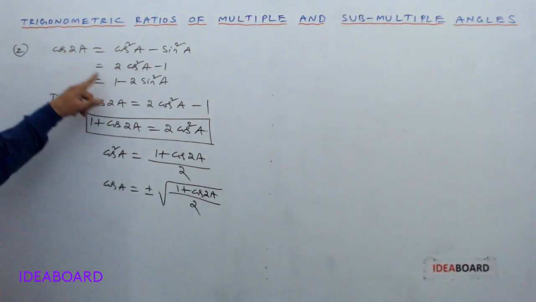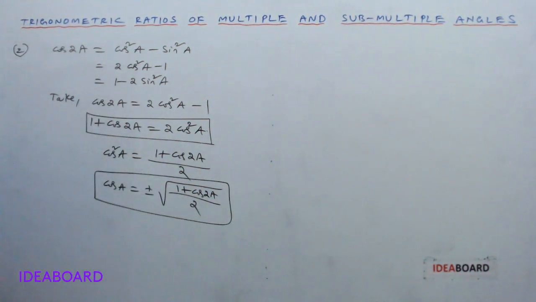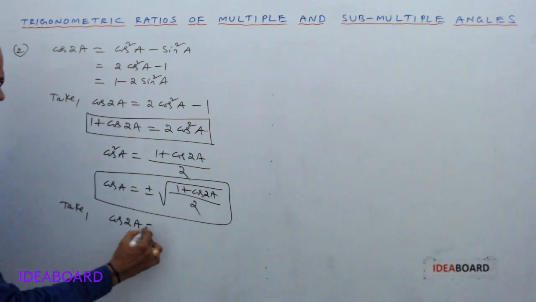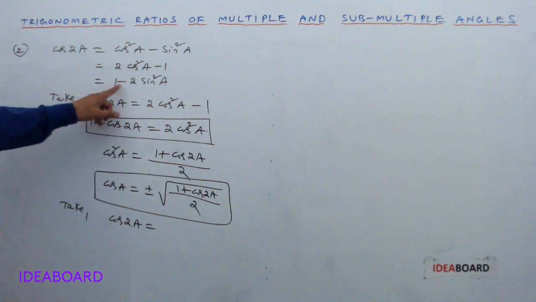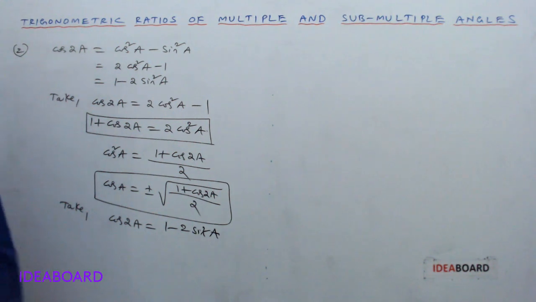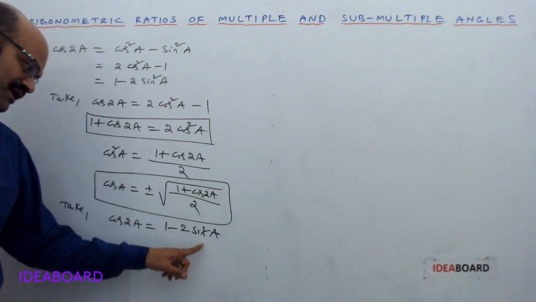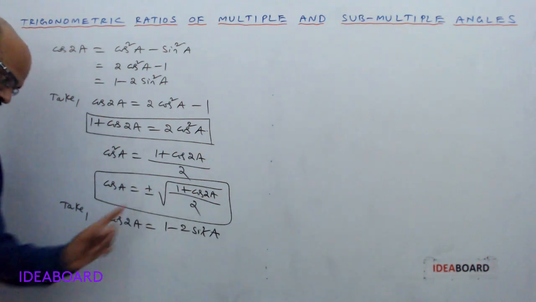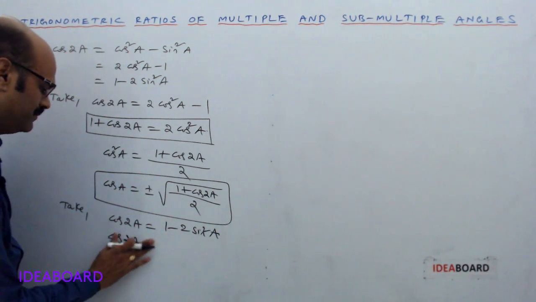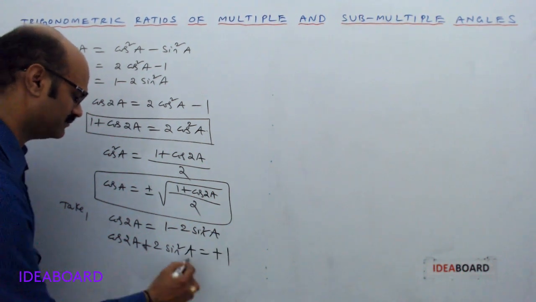One more, we have cos 2A equal to 1 minus 2 sin square A. Take cos 2A equal to 1 minus 2 sin square A. Now here write minus 2 sin square A from RHS to LHS. Then it becomes cos 2A plus 2 sin square A equal to 1.